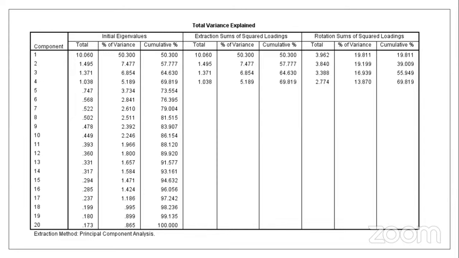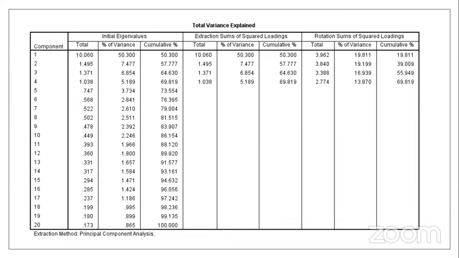Yes, ma'am. All right. So also, since we asked for a rotated solution of the extraction, under the rotated sum of squared loadings, you are getting, again for these 4 components only, the total of rotated sums of squared loadings and the total amount of variance which is explained by these 4 components.